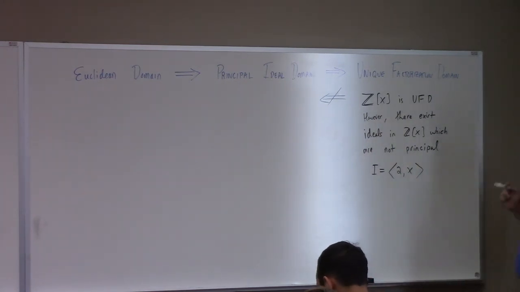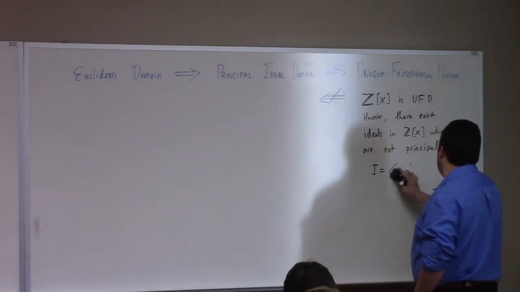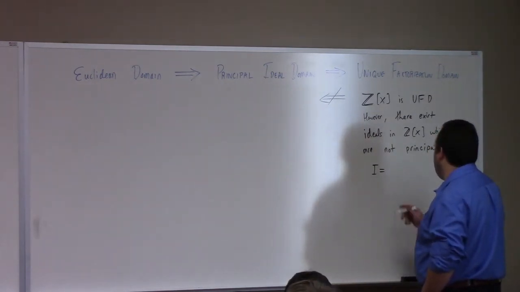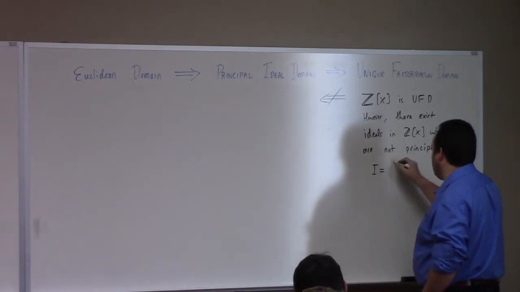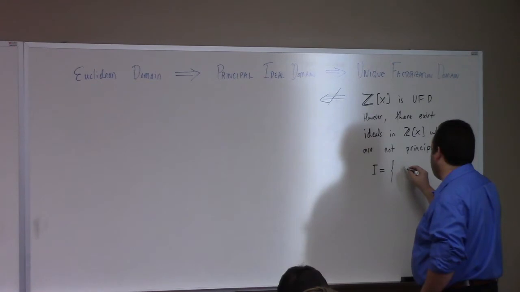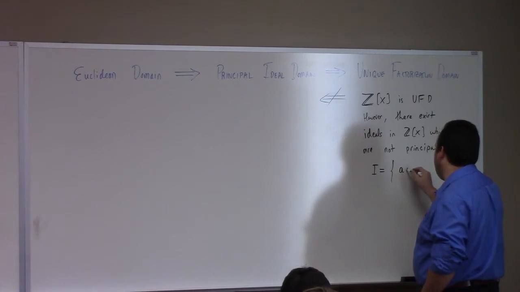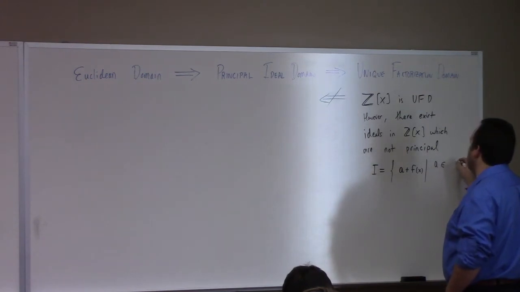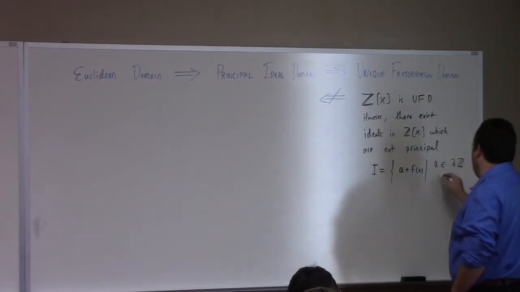I don't know if it's true. I think if we look at things of the form, I'm trying to remember what it is, a plus f of x, such that a is in 2Z and f of x is in xZ[x].